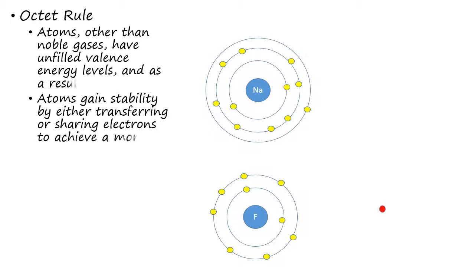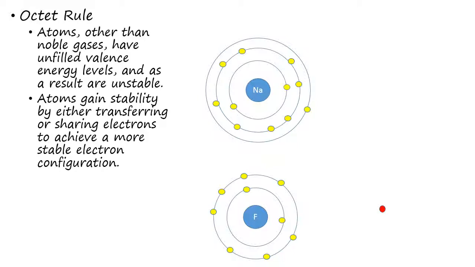Atoms other than noble gases have unfilled valence energy levels, and as a result, they're unstable. The 2 atoms we're looking at here, sodium and fluorine, are both unstable. They do not have 8 valence electrons in their outer energy level.